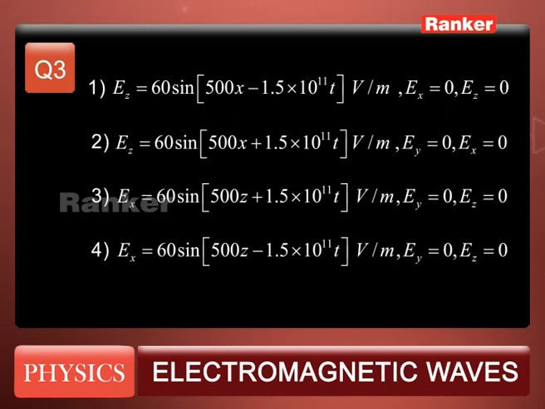Second option, Ez is equal to 60 sine 500x plus 1.5 into 10 to the power 11 t volt per meter. Ey is equal to 0 and Ex is also equal to 0. And the third option, Ex is equal to 60 sine 500z plus 1.5 into 10 power 11 t volt per meter.